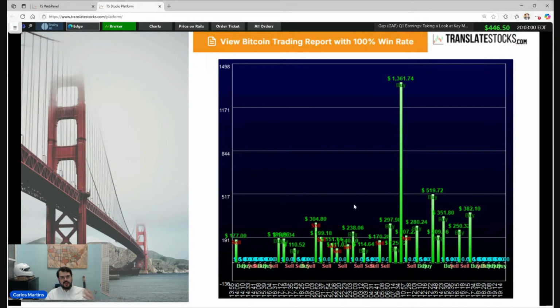So even though we have averaging down inside the trade, it counts as one trade. And so we don't have losses here. This is a very beautiful bar chart for you to look at, and it's kind of impressive how it works. Of course, I do believe that we will have some losses in this strategy in the future, but the thing is, they are rare, and that's what makes this strategy very, very sweet.